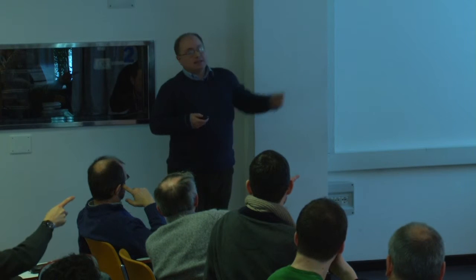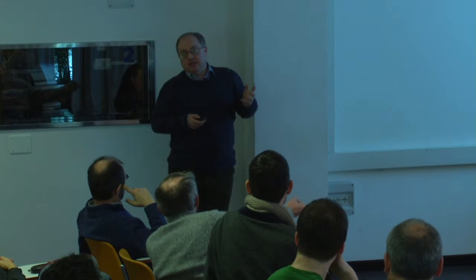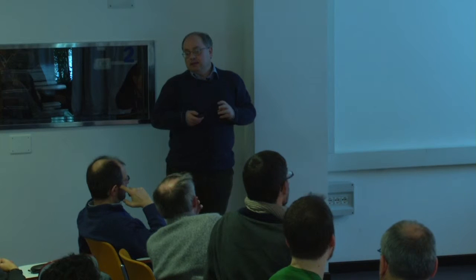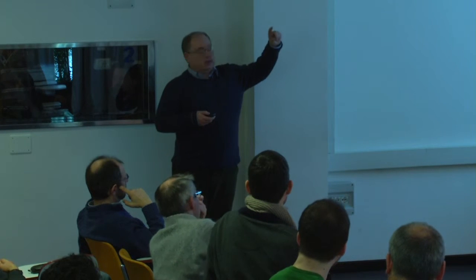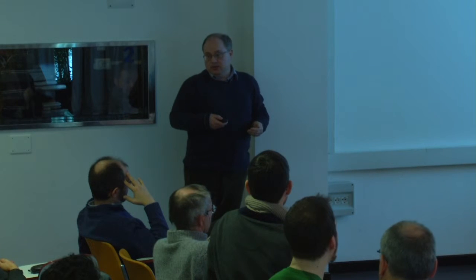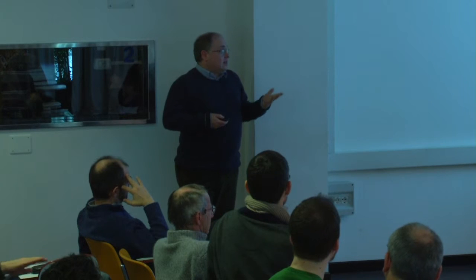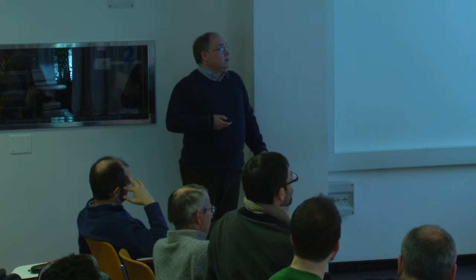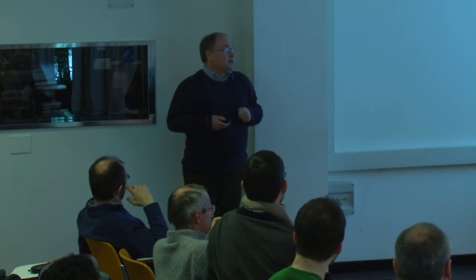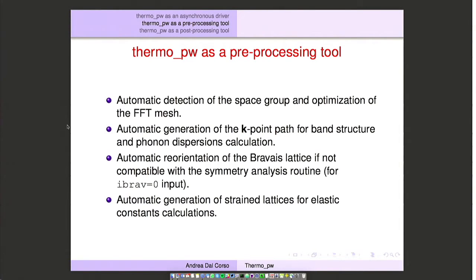What is here is instead a machine that recognizes the space group. So if you don't tell ThermoPW the space group of the geometry that you put, it recognizes the space group. The thing that could be useful is, for one, this new proposal of k-point paths that depend on the space group. So it could be used for that.